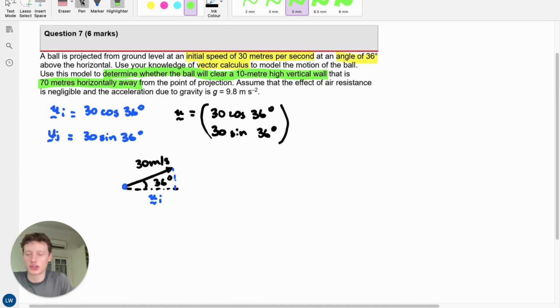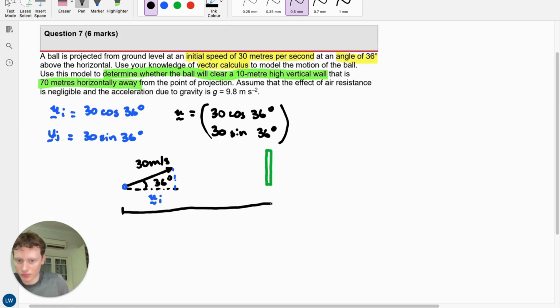Cool. So what we can add to our diagram now is a wall over here. We can just say it's there. And that wall is 70 meters from where we start.